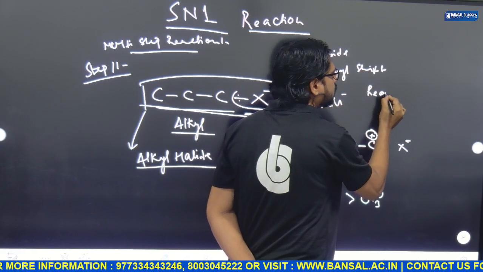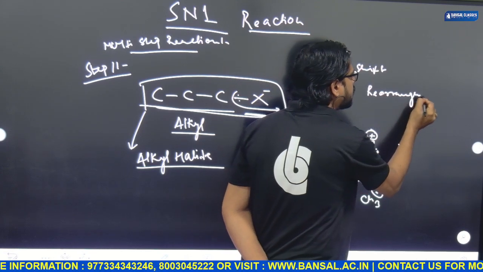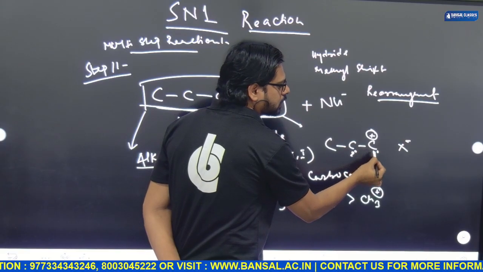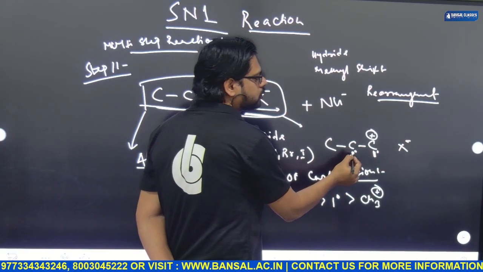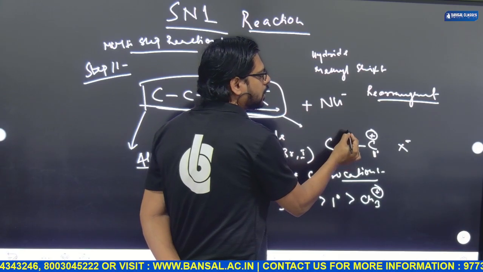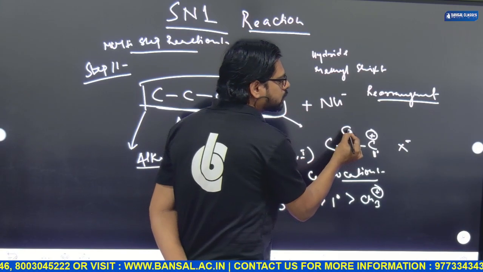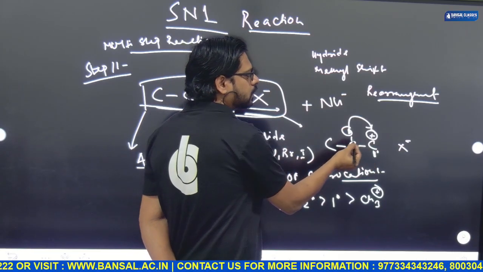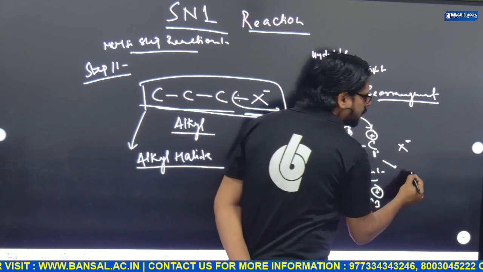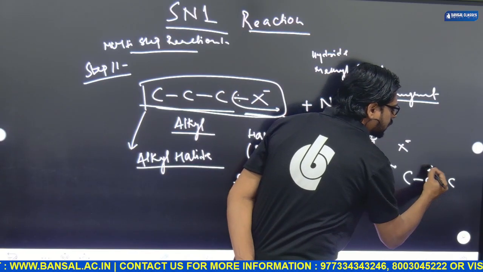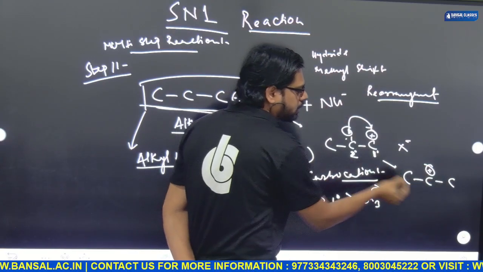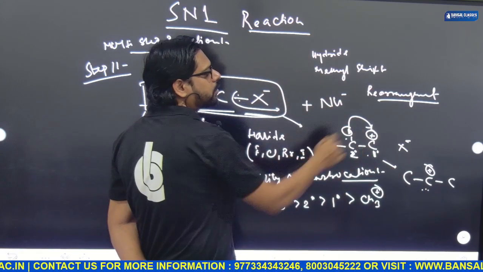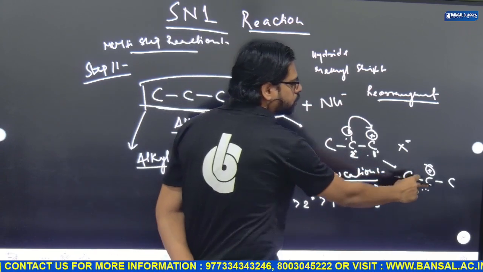if the possibility of rearrangement is there. In this case, we are seeing that it's a 1 degree carbocation which is less stable than a 2 degree carbocation, and if there is a hydrogen present over there, this hydrogen will shift to this carbon atom, and this plus charge will be shifted to this, and it will look like this, and it will be more stable than the earlier 1 degree carbocation, because this is a 2 degree carbocation.